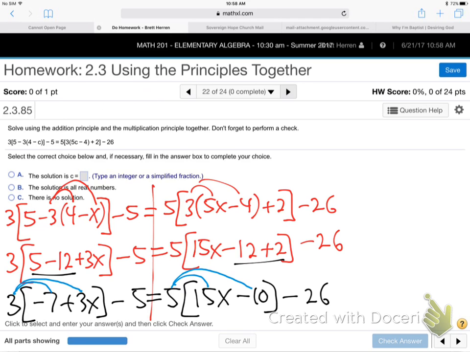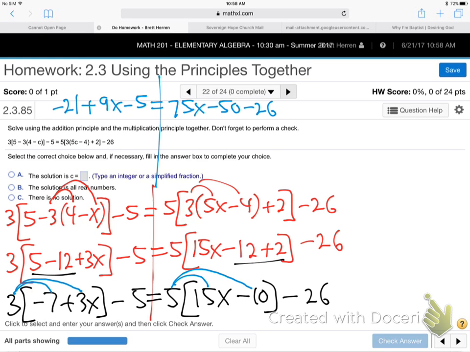Whoops, no room. So try again. Minus 21 plus 9x minus 5 equals, it'll be what, 75x minus 50 minus 26. That good when I distributed?